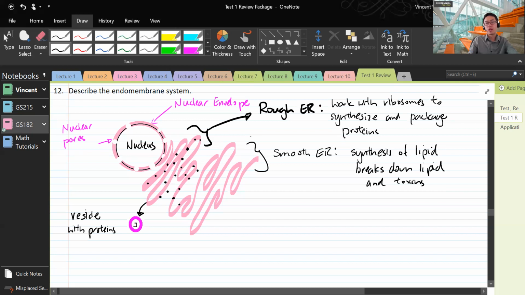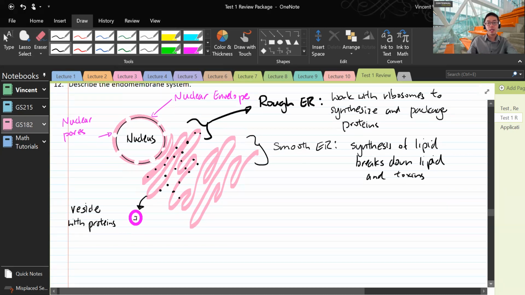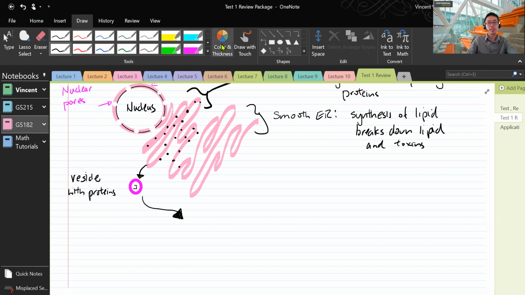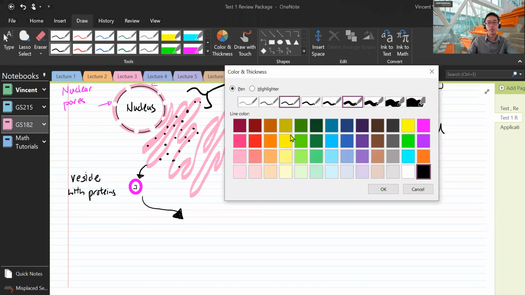And the smooth ER would have its own vesicles, but they would have lipids in them as opposed to proteins. And what's going to happen is this vesicle is going to travel to another component of the endomembrane system. Can anybody tell me what that other component is, please?